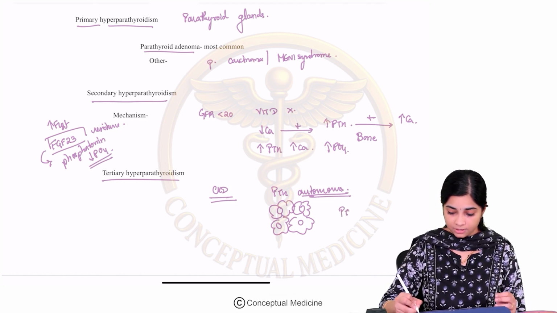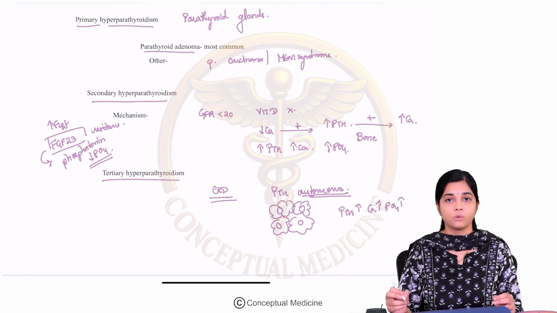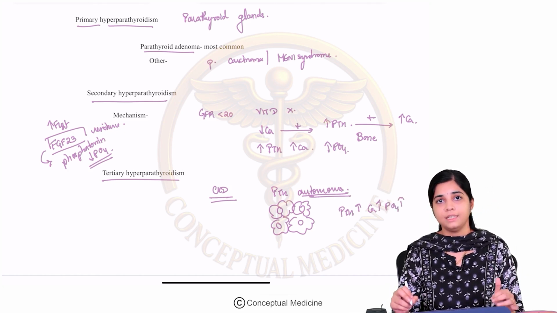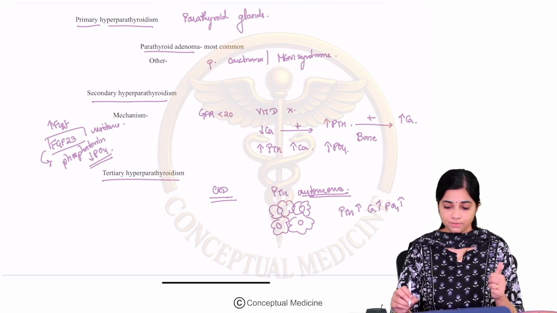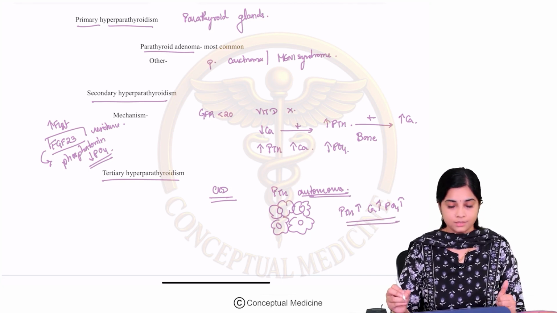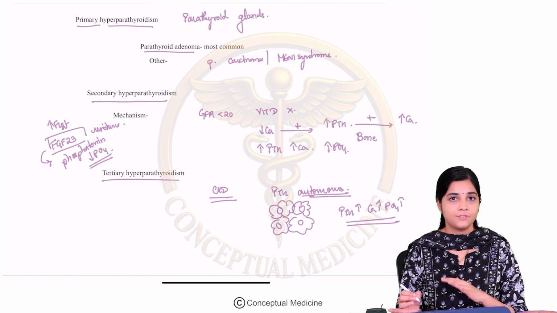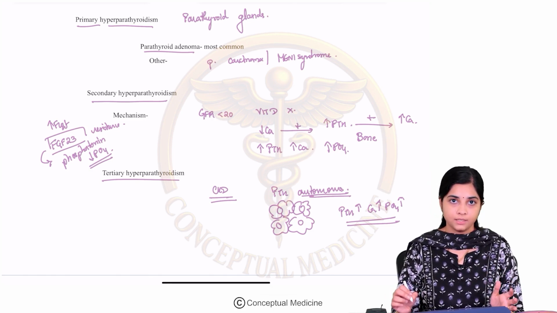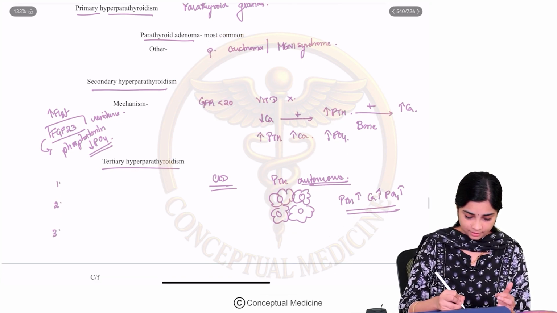So here PTH is high, calcium is high, phosphorus is high. Okay. So this is about your secondary and tertiary hyperparathyroidism. So let us look at how calcium, phosphorus and PTH levels are different in your primary, secondary and tertiary hyperparathyroidism.